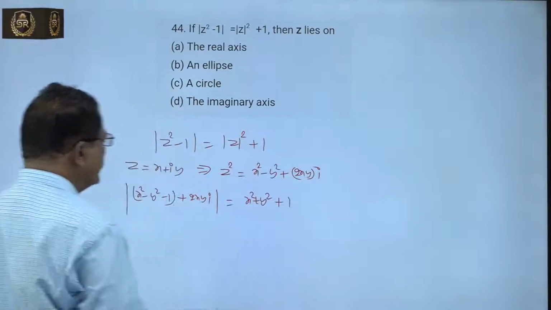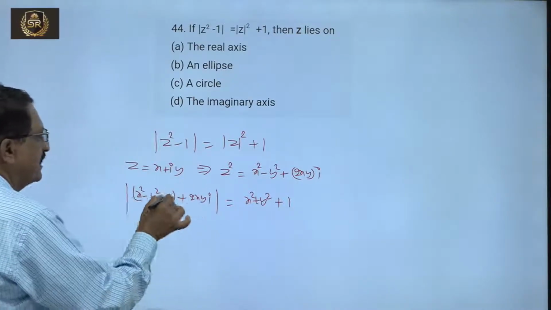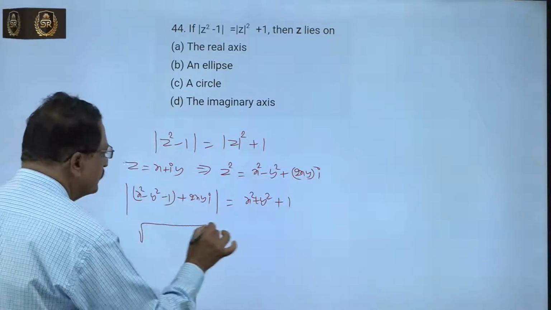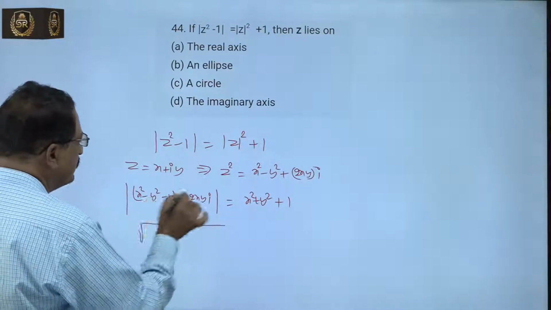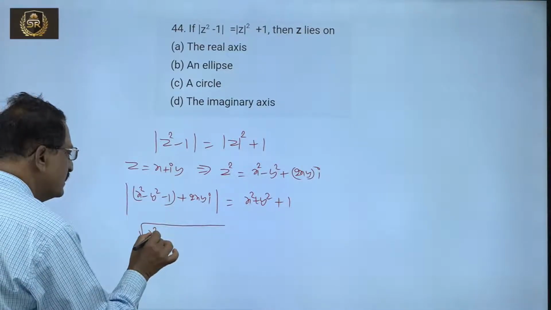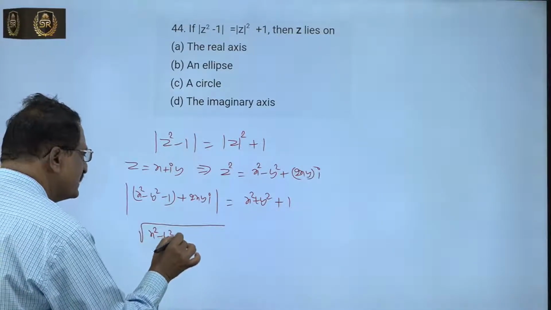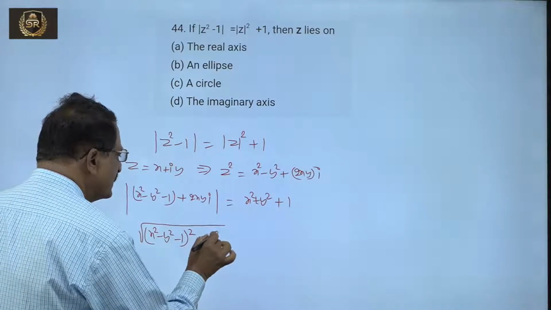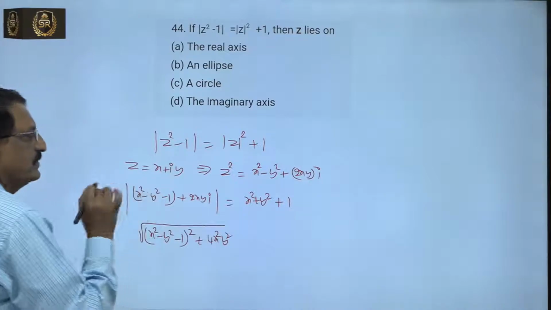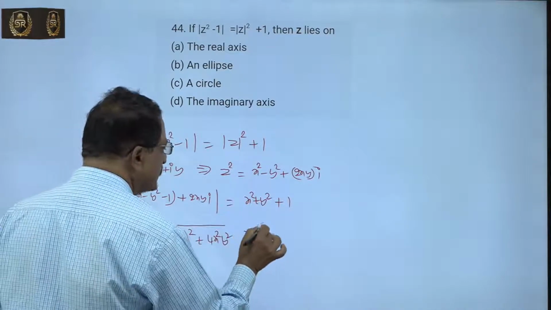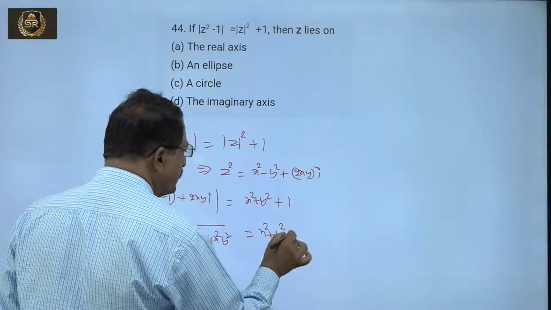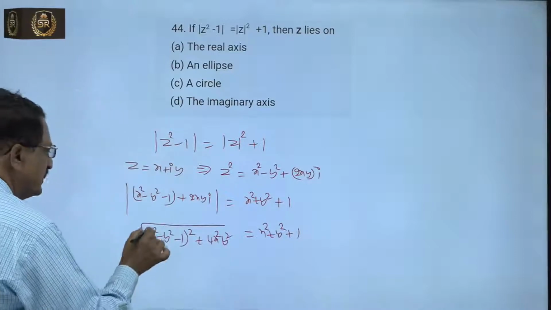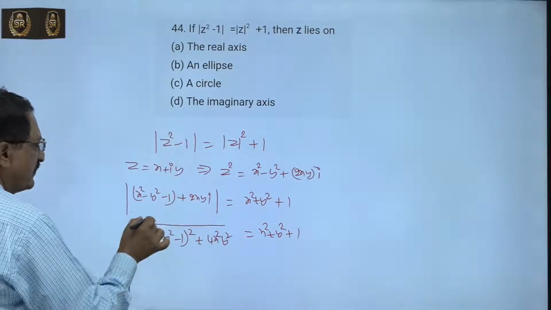Now what is the left side magnitude? Square root of the real part squared, (x squared minus y squared minus 1) whole squared plus 4x squared y squared, or (2xy) whole squared, equals x squared plus y squared plus 1. Now squaring on both sides, the left side square and root cancel.